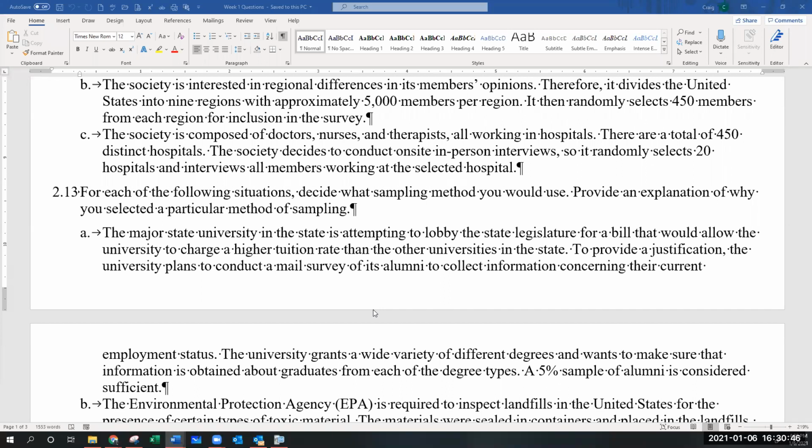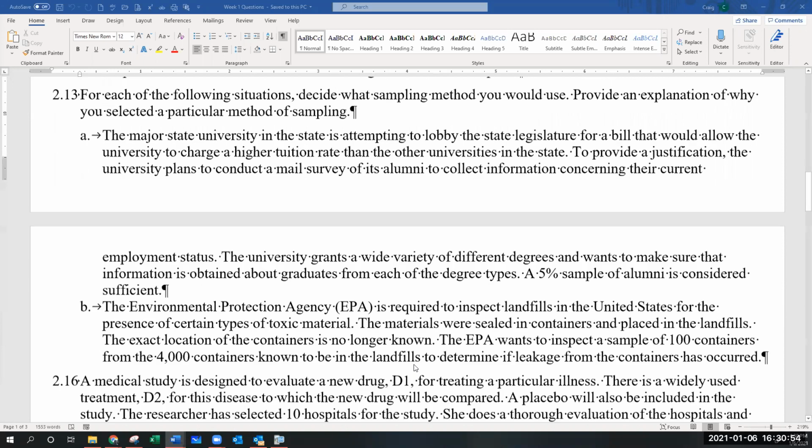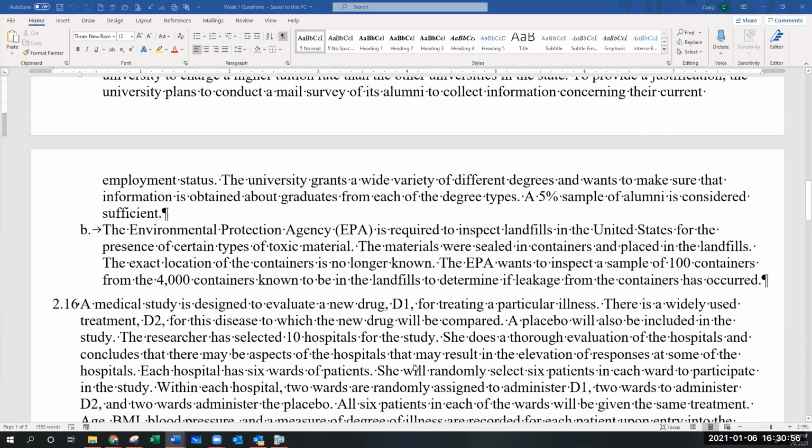My partner and I were working together a little bit ago, and our question is with 13B with the EPA. Yes, I'm glad you brought that up because that's a good one. Well, you've already seen my answer and how I responded, and as always, I overthink and overexplain everything. I was like, he's either going to hate me or love me with this.